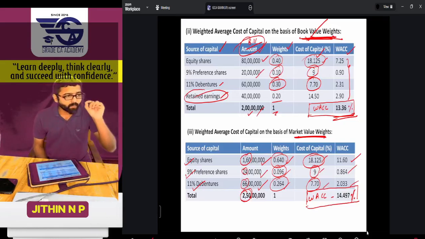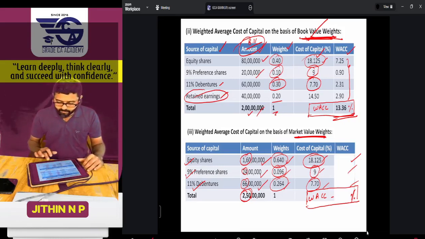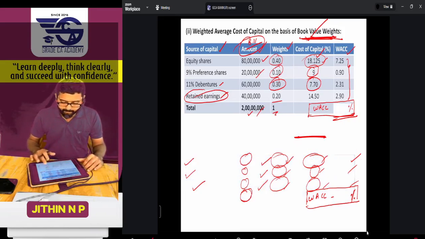But here one point you should remember: under market value weights, retained earnings is not considered.